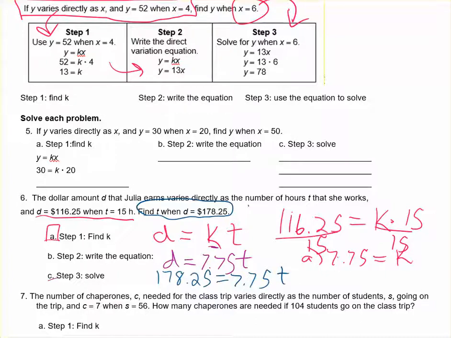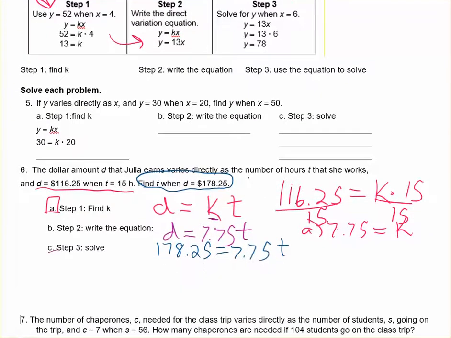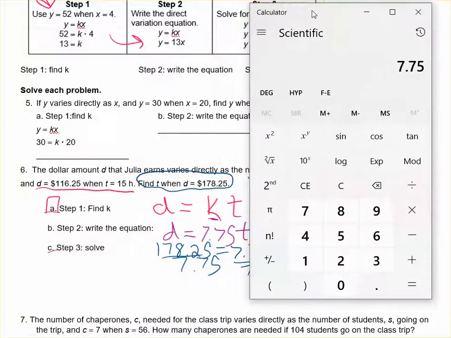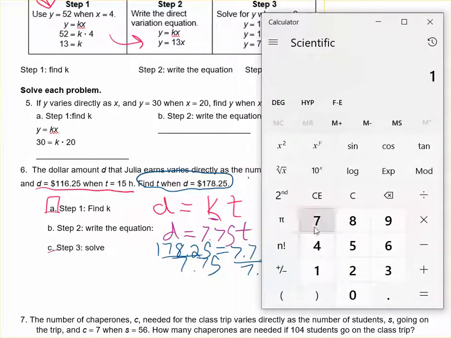And I need to solve this for t. So I just need to divide both sides by 7.75. So get our calculator back out. 178.25, and divide that by 7.75.